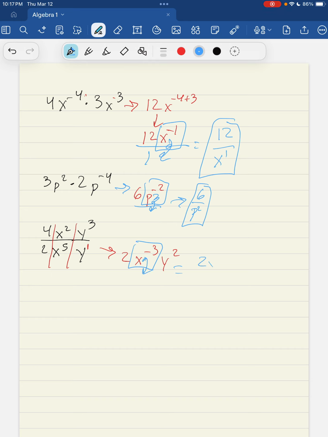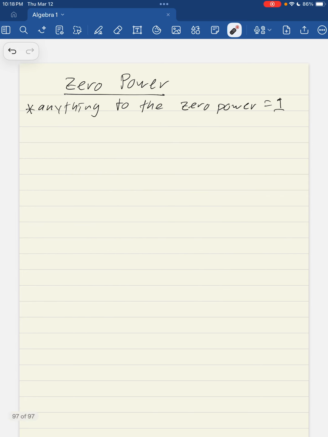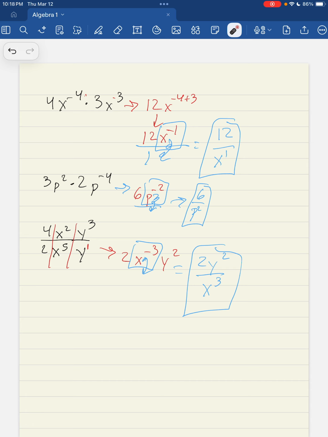So we have 2y squared in the numerator and an x to the third in the denominator. All right. So again, usually it's best, you'll see in each of these problems, I kind of solve these guys, and then at the end, I flip the fraction. Or I flip the negative exponent to remove it.